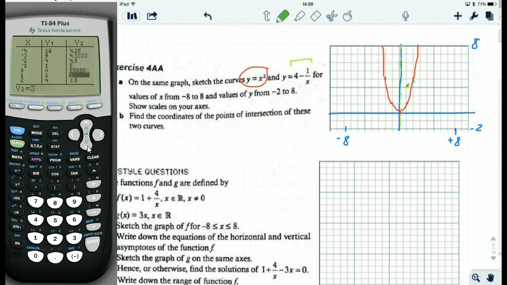And let's see, 3, 3.667. Let's see when they get to 4. Well, they don't really. Could 4 be an asymptote? It might be. Okay, and then there's an asymptote at x equals 0, so we know that it goes down like that, right?